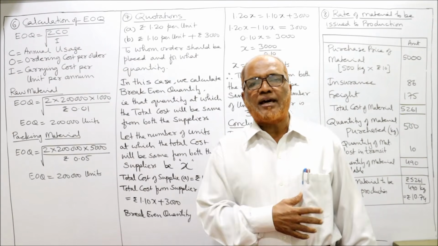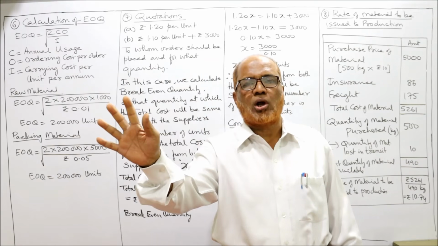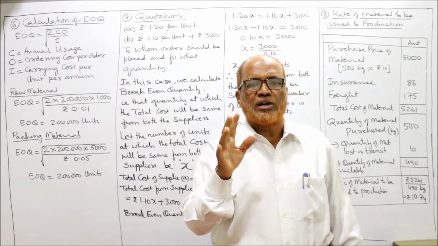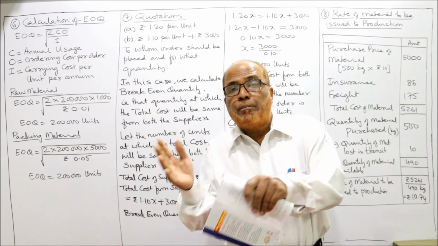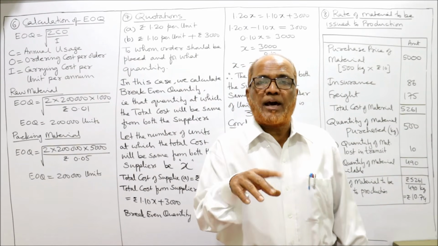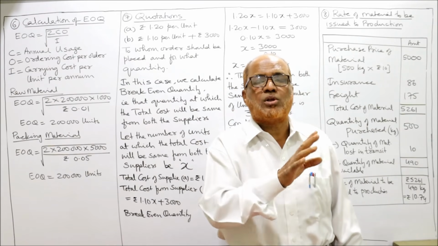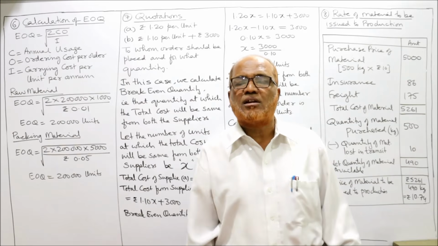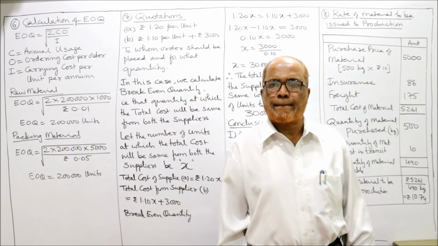That means A supplier says we supply the material at 1 rupee 20 paisa per unit, no fixed cost at all. Whatever number of units you want, we will supply it at 1 rupee 20 paisa. But B supplier says we supply at 1 rupee 10 paisa per unit plus 3000 rupees fixed charges irrespective of number of units ordered.